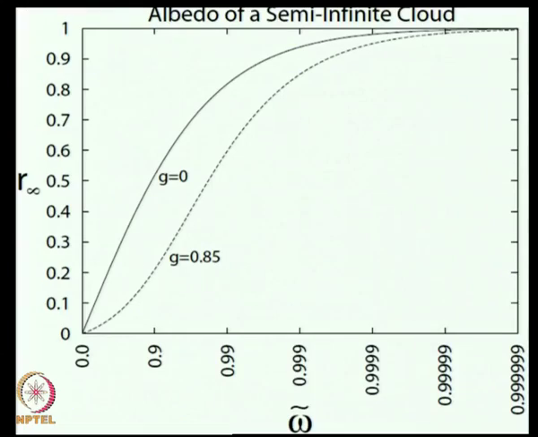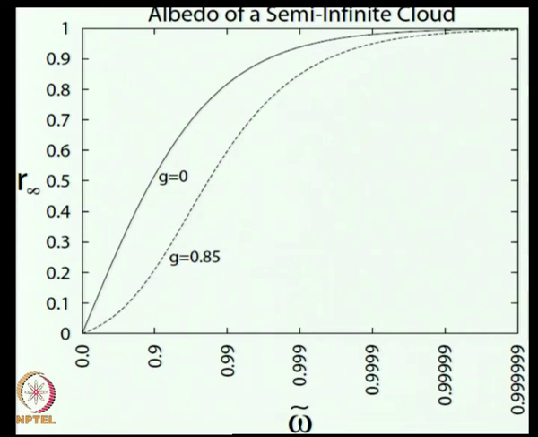Now this quantity, the albedo of the cloud of particles, as a function of the single scattering albedo, is shown for two different asymmetry parameters. One is 0, which is nothing but symmetric scattering. The other is G equals 0.85, which is primarily forward scattering.